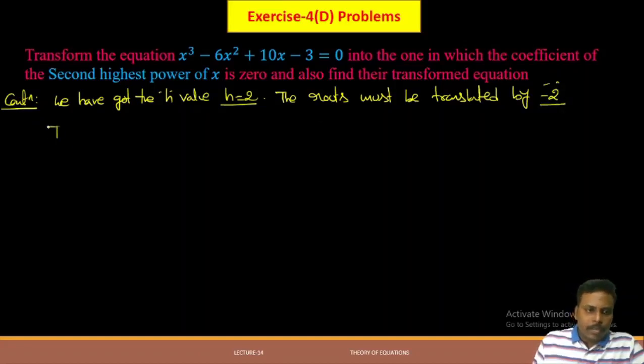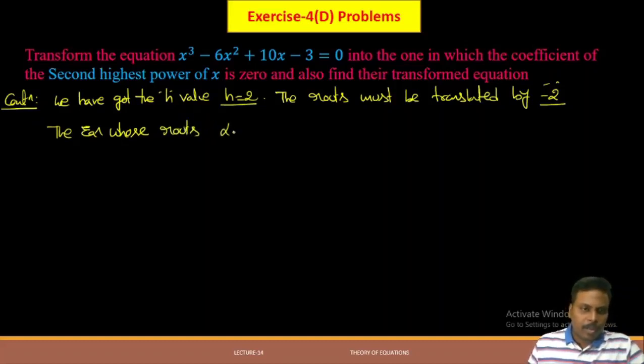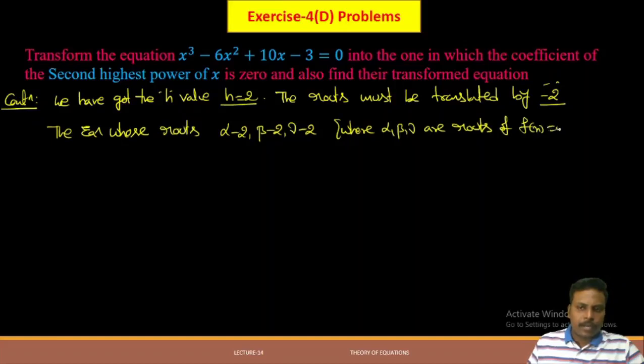The equation whose roots are alpha minus 2, beta minus 2, gamma minus 2, where alpha, beta, gamma are roots of f of x is equal to 0, is f of x plus 2 is equal to 0.